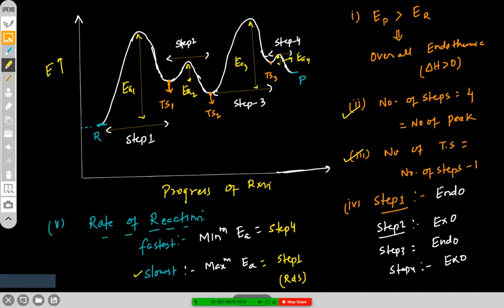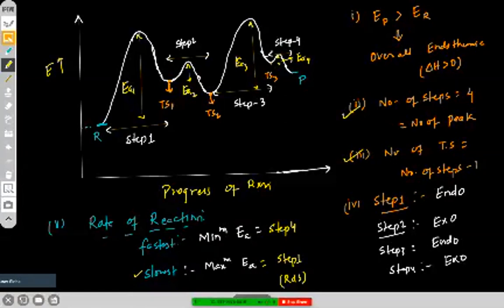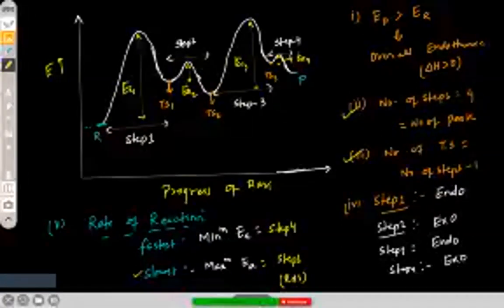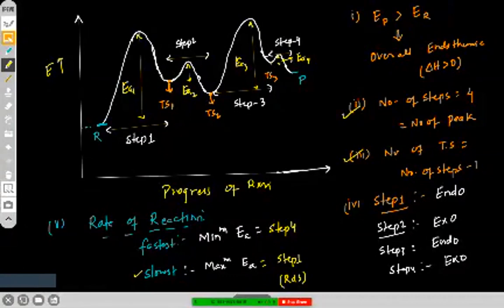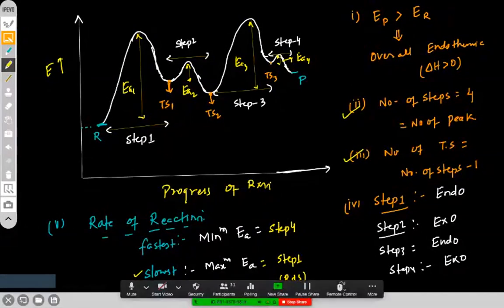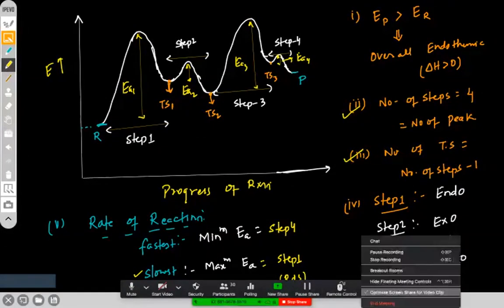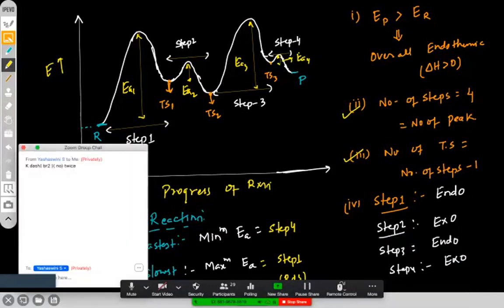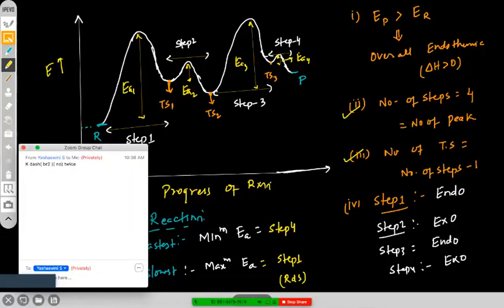Okay, guys, we are left with only one topic in this chapter, that is the collision theory of reactions. So after this chapter, what chapter do we need to start? Could you tell me? What is the next chapter we have to start? I'm not getting any reply. Please tell me.